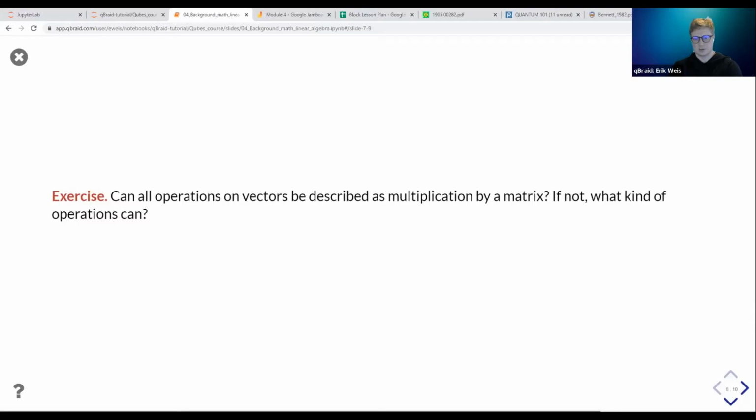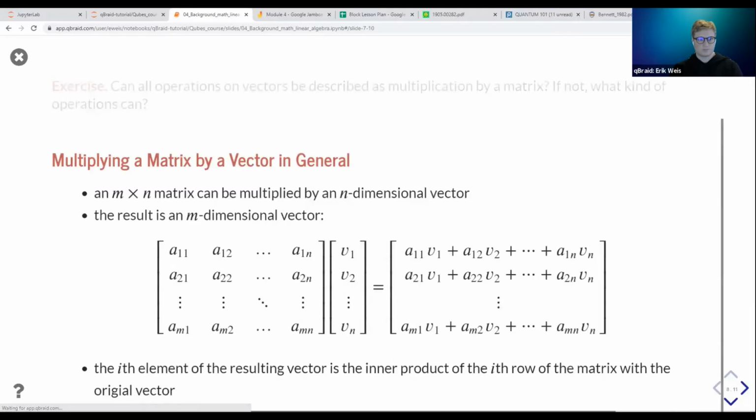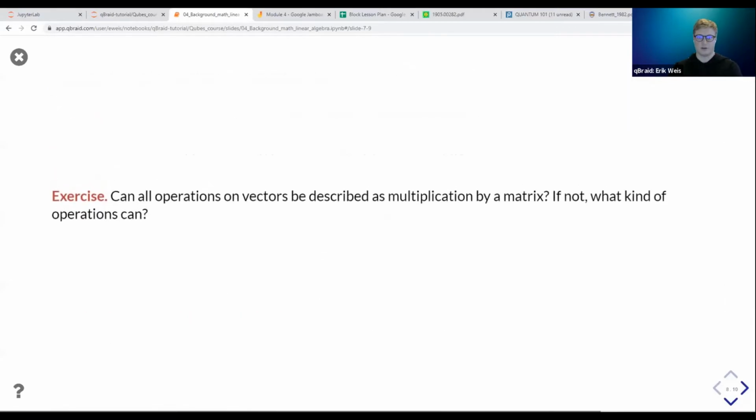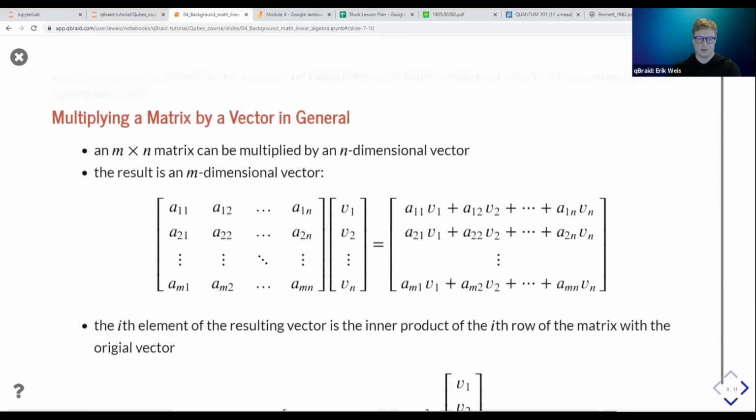So that's one example. We can think of multiplication by a matrix as a very specific kind of transformation. The kind of transformation is linear, and other transformations on a vector would not be described as linear, and we'll get to that.